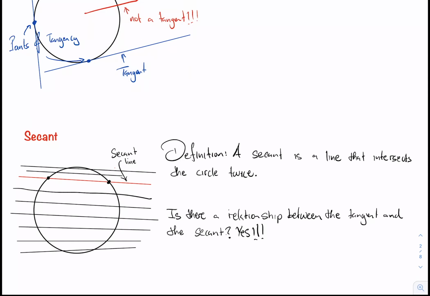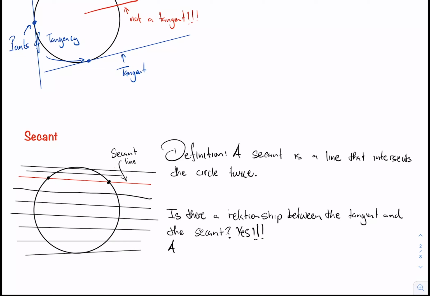What we see here is that each of these secant lines, as I move them closer and closer to the circumference, if I just move it down a bit, what we realize is that that secant can become a tangent. So let's write that.